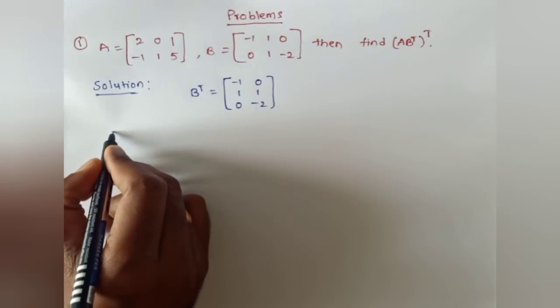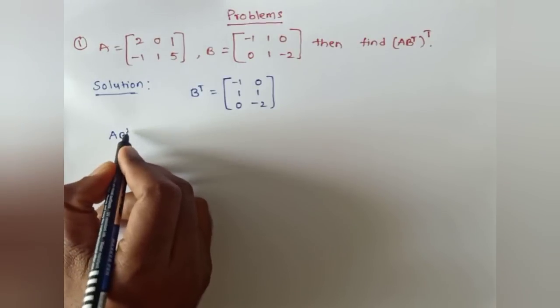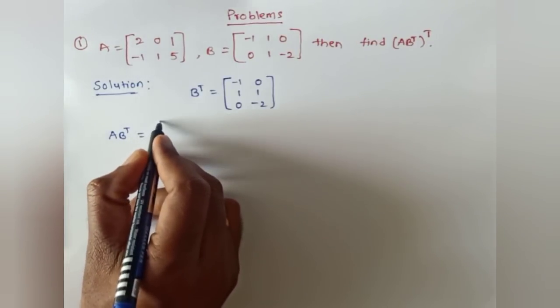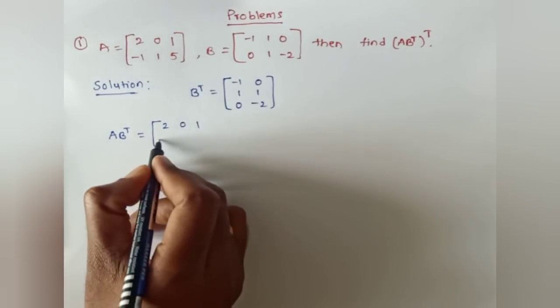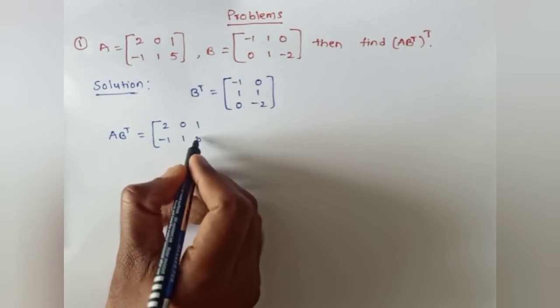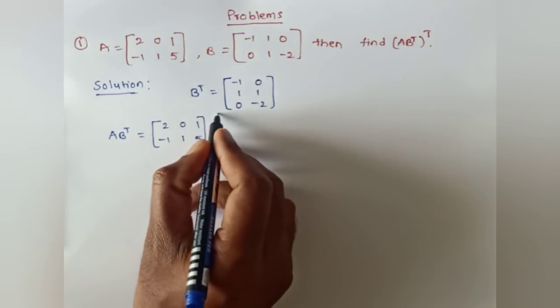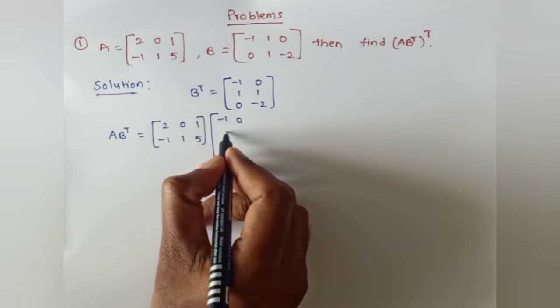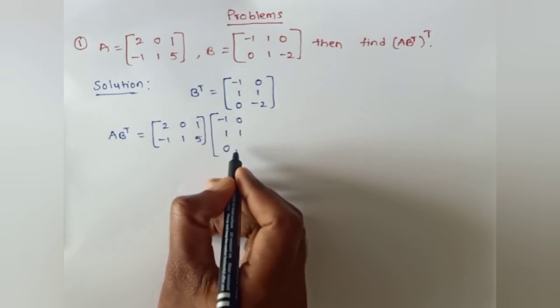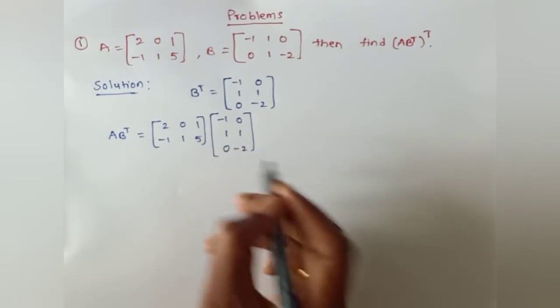Now evaluate A into B transpose. So here A is 2 0 1, minus 1 1 5, into B transpose, which is minus 1 0, 1 1, 0 minus 2. Now check.